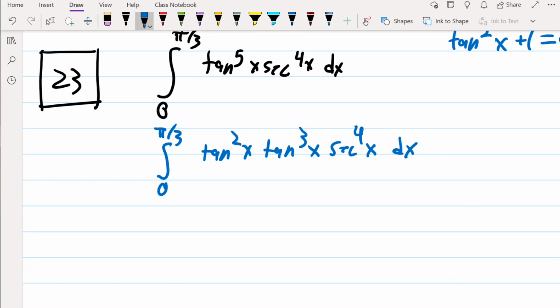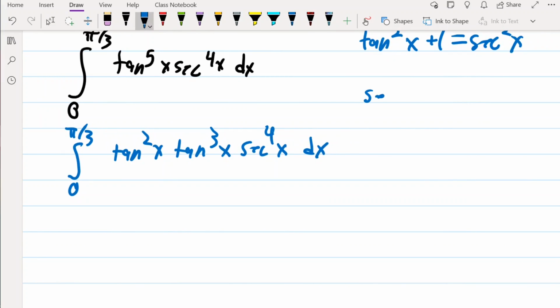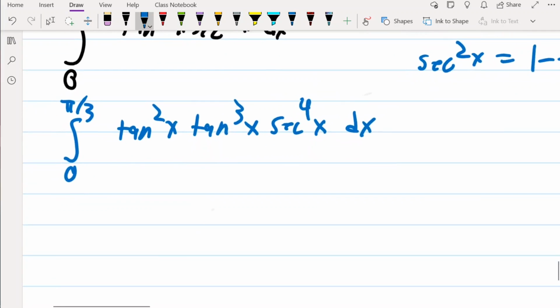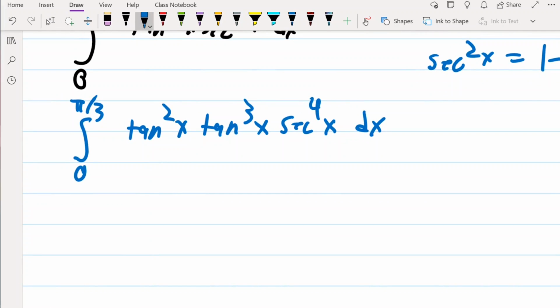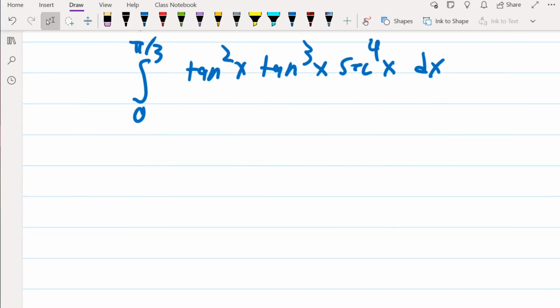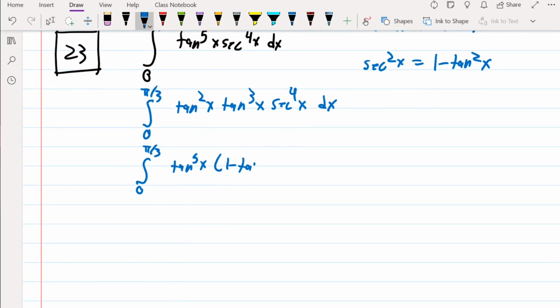I think it might be easier to break the secant off, because we have most of it in the tangent. Okay, yeah, because when we take the derivative of tangent, we'll get secant squared x, which will help out.